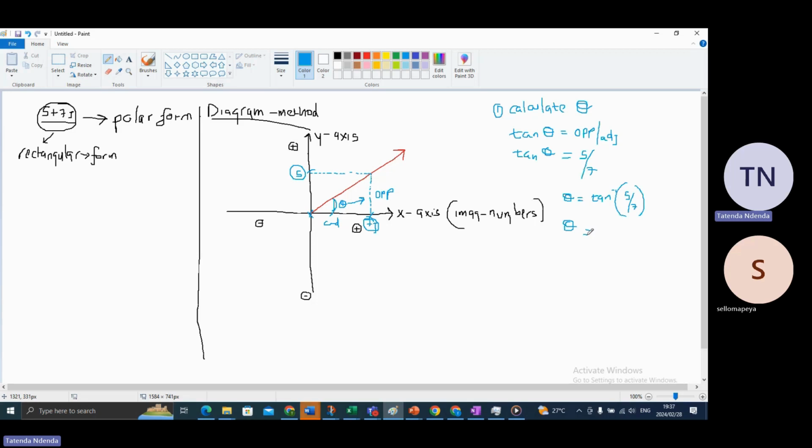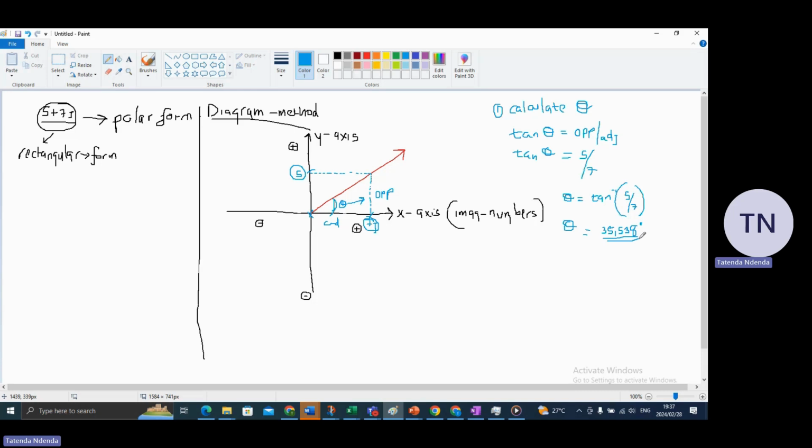So we're going to say 5 divided by 7, then I get this one, second function, tan. So I'm going to get something like 35.538 degrees. So this is the answer that I'm supposed to get at the first end.